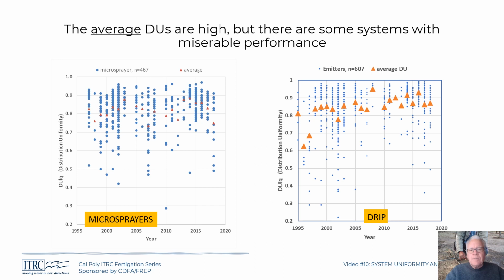The same graphs, and now I want to look at a couple other things. One is that these uniformities, if you look at the high values on drip and microspray, especially the drip, you see a lot of them are right up there near 1. Certainly not all of them, but there's no other irrigation system that gets anywhere close to that.